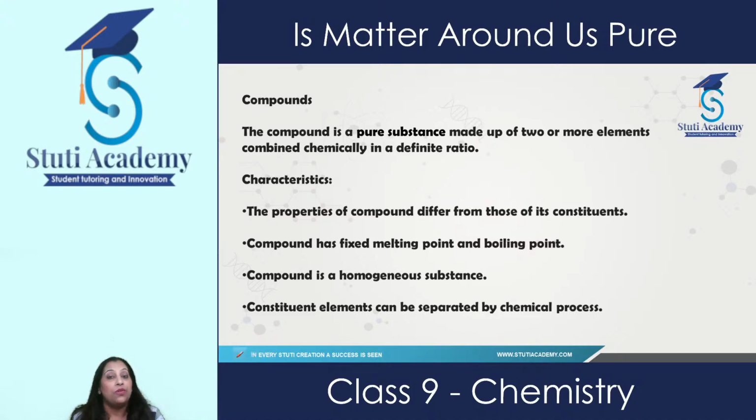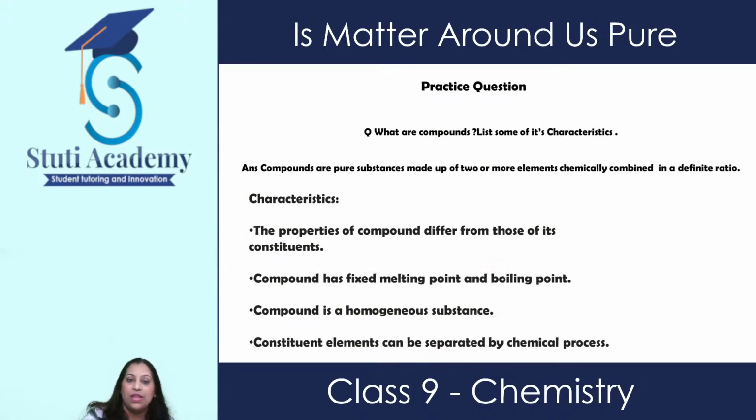Compounds are homogeneous substances. They have a fixed melting and boiling point. They can be separated by chemical processes. And a question can come in the exam on the basis of their properties, their definition, or how you can differentiate elements and compounds.